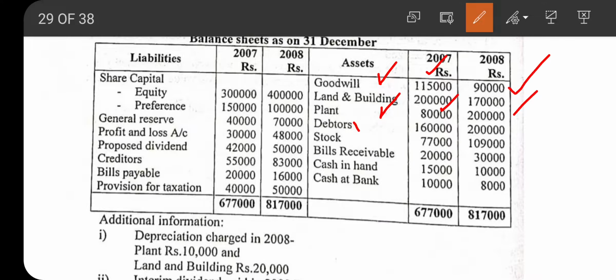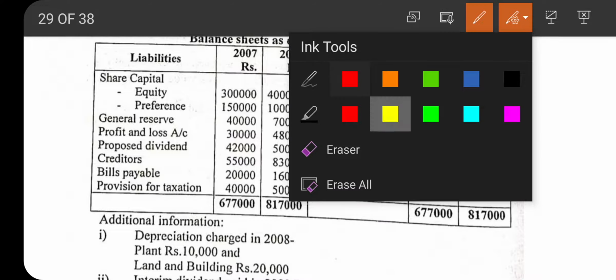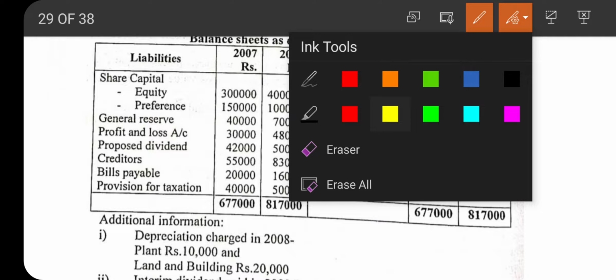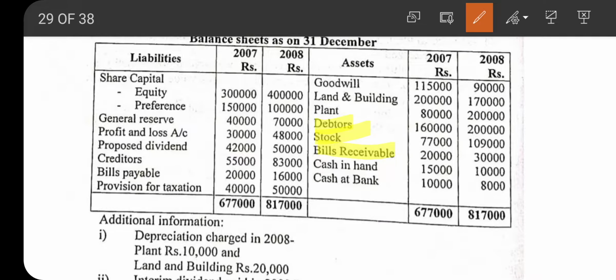Then we have debtors, stock, bills receivable. These are current assets. For debtors, opening balance is 1,60,000, closing balance is 2 lakh. There is an increase in the current asset. Stock: opening balance is 77,000, closing balance is 1,09,000.